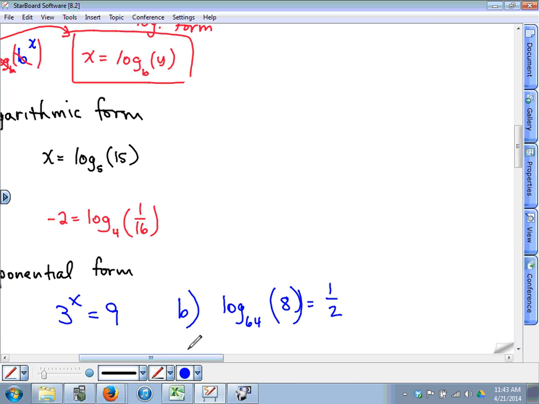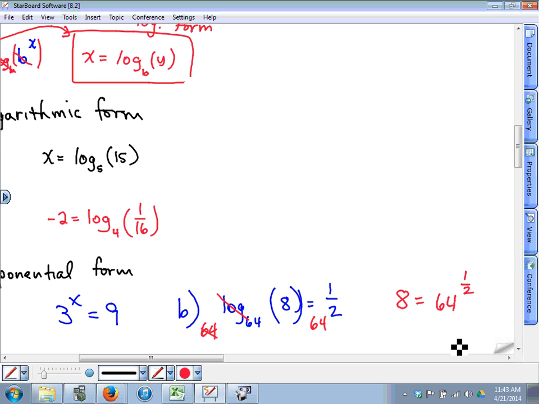How would you rewrite this in exponential form? 64 to the 1/2 equals 8. Yep. If I want to cancel this logarithm, you use that as a base. So I'm going to use a base of 64. Do you ever want to solve it if it's like that? No, just leave it. Base of 64 cancels a log base 64, so your answer is 64 to the 1/2 equals 8.